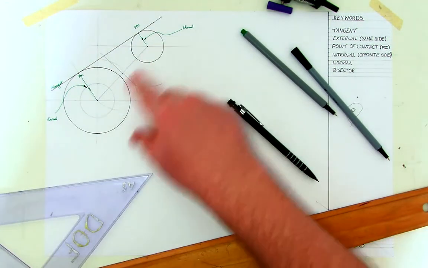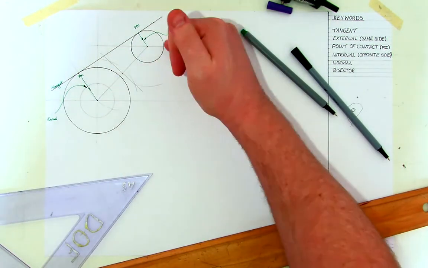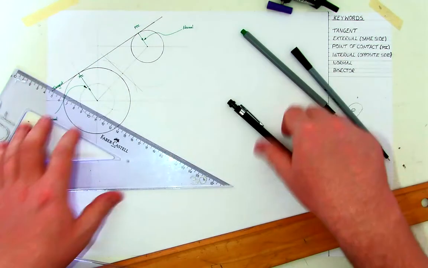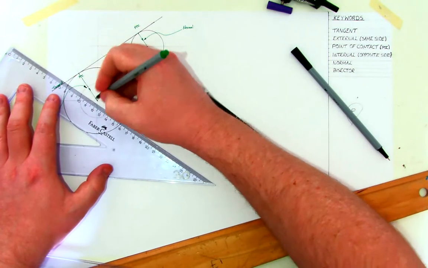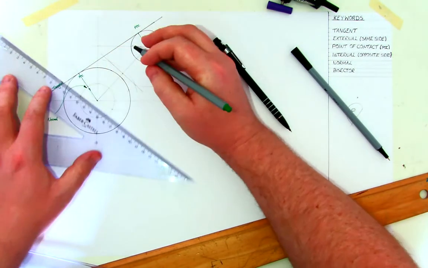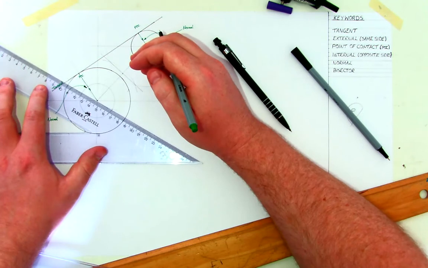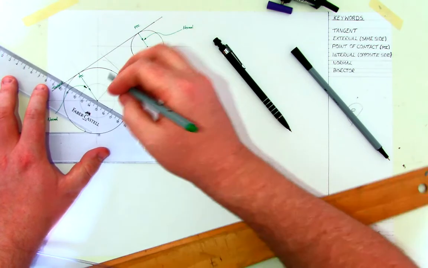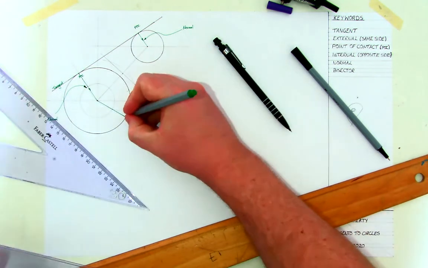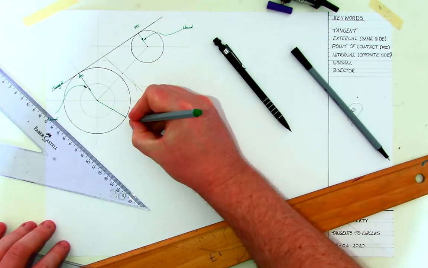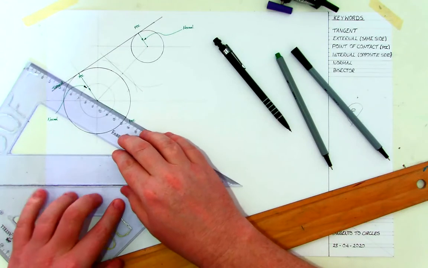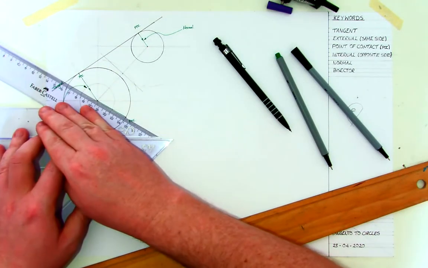Alright, I can do the same on the other side. If we wanted to get the tangent to go on the other side also, I'll do it again, just as a reminder. So we'll extend. So that would have been, if it was the point in the circle, the point of contact between the point and the circle. But as we know, we've tricked it into giving us the point of contact for the bigger circle. So we'll extend the normal out until it hits there. There's a point of contact. We go parallel to that.